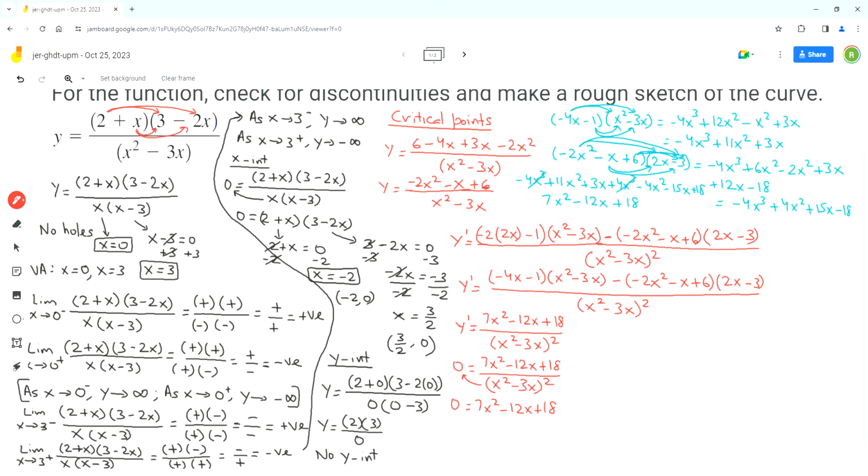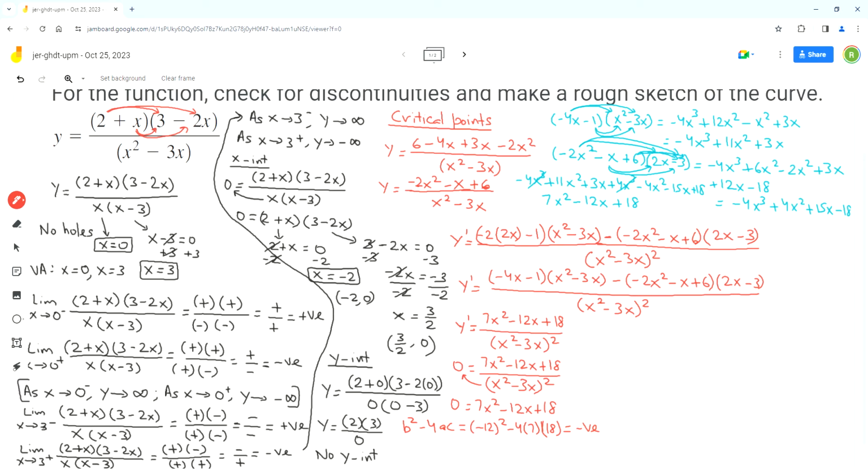If you calculate the discriminant, b² - 4ac, that will be (-12)² - 4 times 7 times 18, which gives us a negative value.